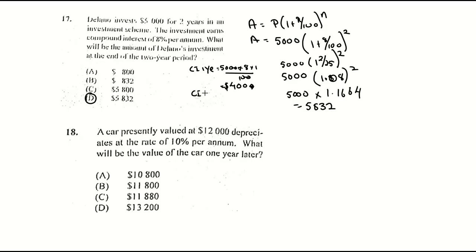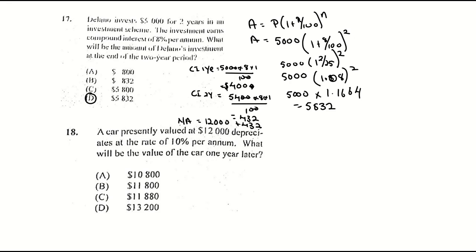So your compound interest for your second year, your new total is going to be 5,400 multiplied by 8 multiplied by 1 all over 100, this is 54 by 8. 54 by 8 is 432.